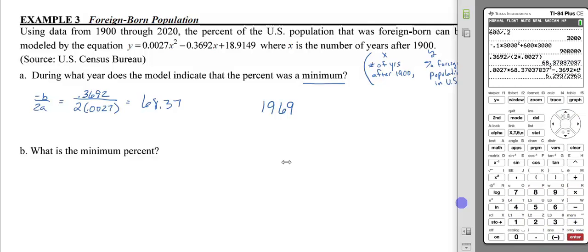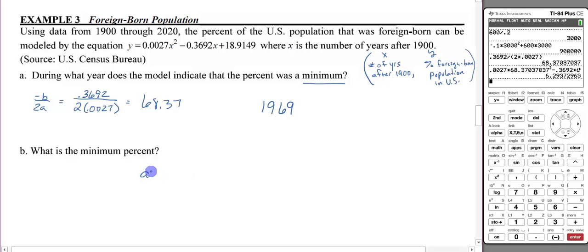Okay, and that gives us about 6.3%. So in 1969, the percent of U.S. population that was foreign-born was at its minimum at about 6.3%.